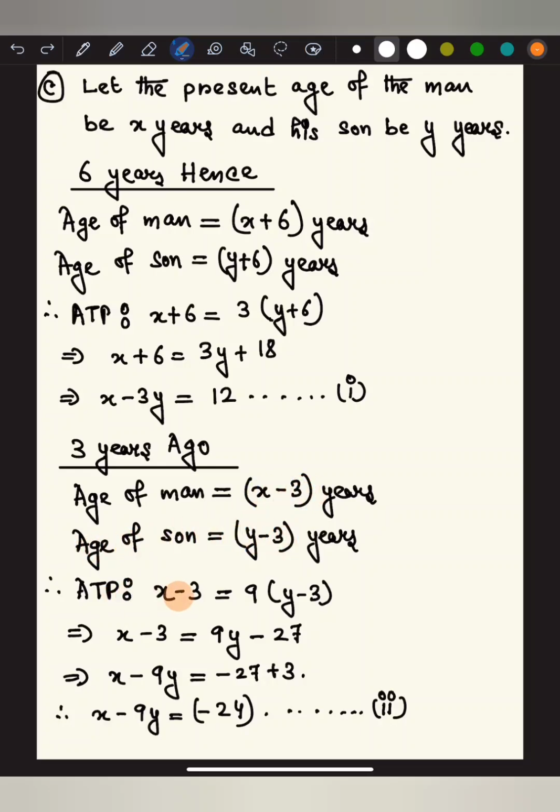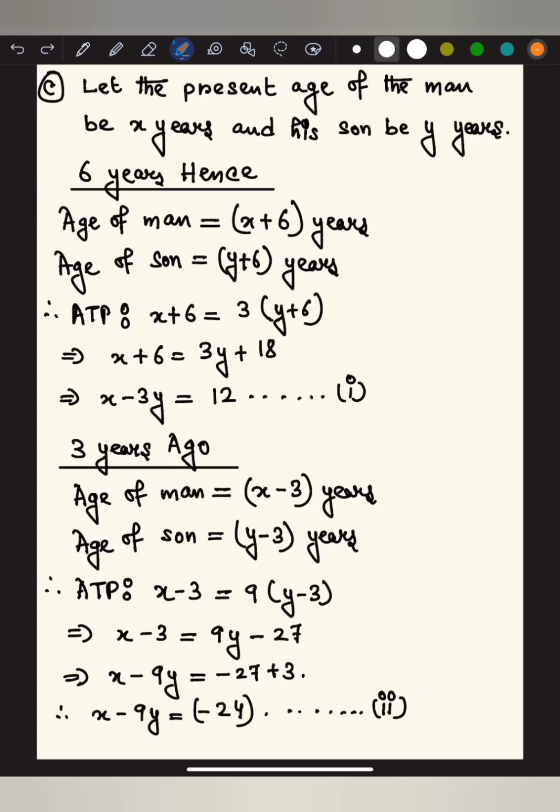Therefore x minus 3 equals to 9 into y minus 3, which implies x minus 3 equals to 9y minus 27, which implies x minus 9y is equals to minus 27, and this minus 3 comes to this side as plus 3, right? Therefore x minus 9y is equals to minus 24. This is equation 2.